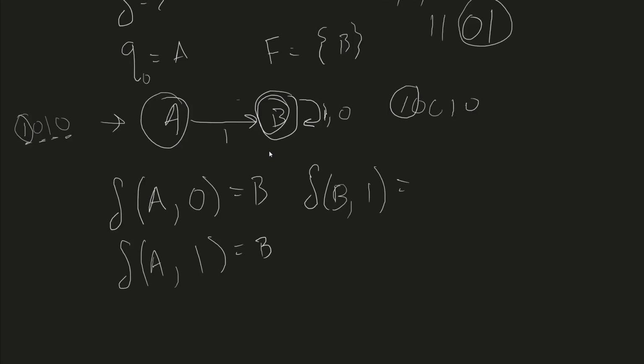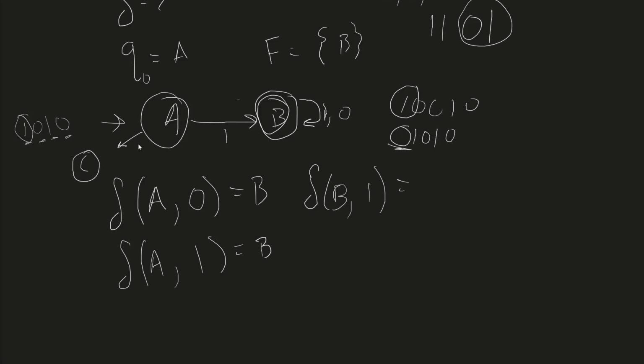But we have a problem here. State A needs to handle if our input begins with a 0. So what happens with 0, 1, 0, 1, 0? It becomes invalid again. So we can either loop back here to skip that 0, but that leads to a problem. It's going to accept strings that begin with a 0. So we do something called a dead state.